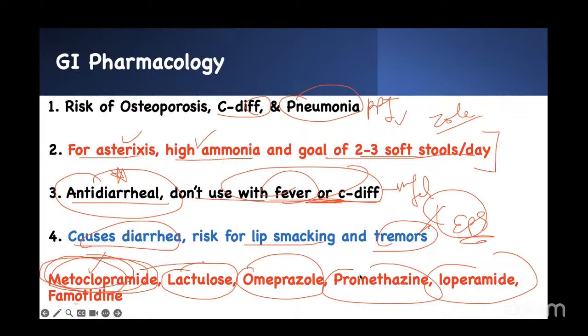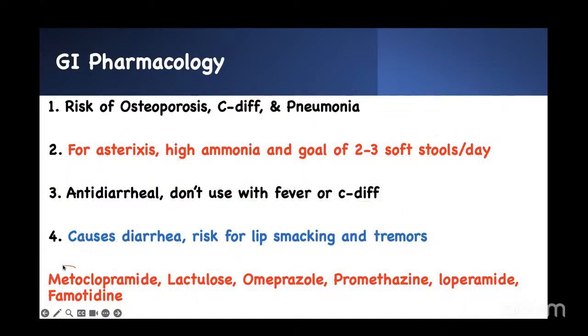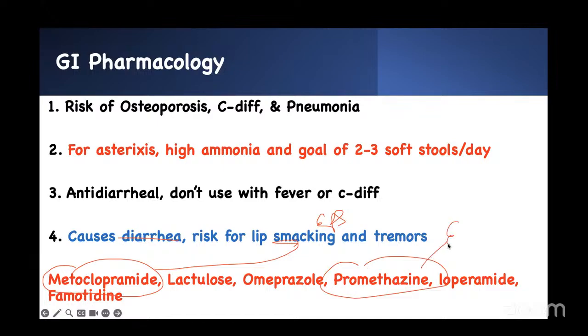Promethazine does not cause diarrhea. You see the difference? Therefore, the best answer is metoclopramide. It causes diarrhea and can cause extrapyramidal side effects. Promethazine will cause extrapyramidal side effects, but it does not cause diarrhea. Therefore, metoclopramide is the right one.